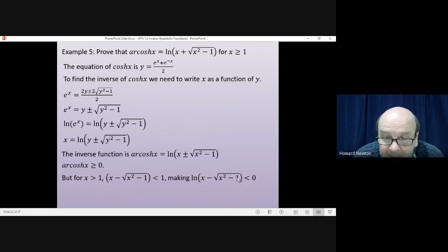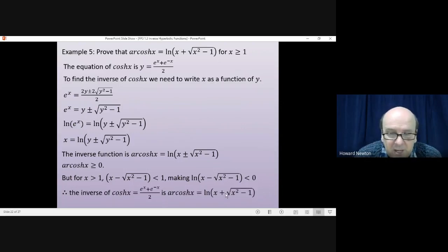And that's the inverse, but it can't be negative, because we said that our arcosh x has to be greater than or equal to 0. So for that reason, we only take the positive value. And the inverse of cosh x, our arcosh x, equals the log of x plus the square root of x squared minus 1.